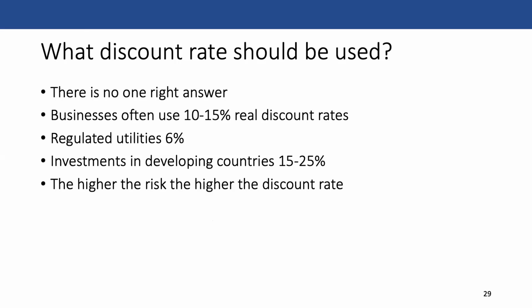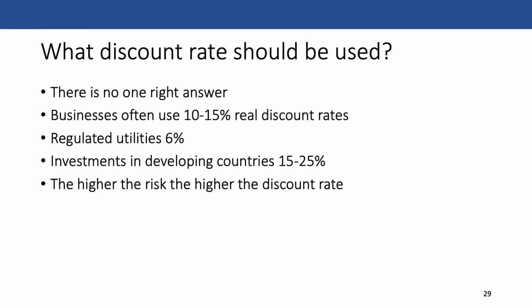Regulated utilities, for example, have a discount rate of about 6%. When we're talking about individuals, individuals typically have lower discount rates than businesses. The typical rate for an individual is probably around 5 to 10%.